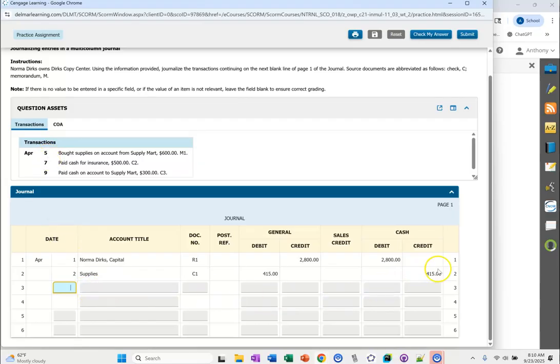Notice that it already brought forward the previous problem, right? The 2 lines are the 2 lines that we completed beforehand. So we're just continuing with the same ledger. What am I going to put here in the date spot? 5.